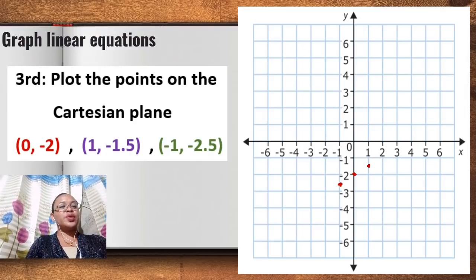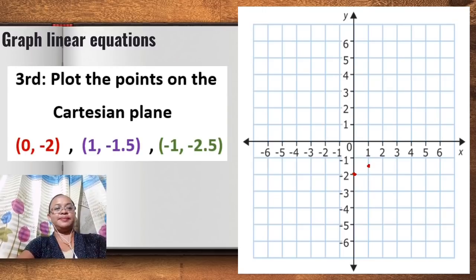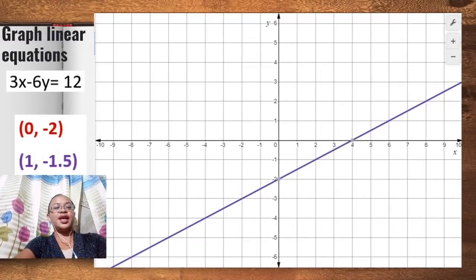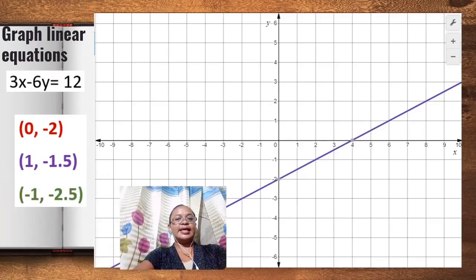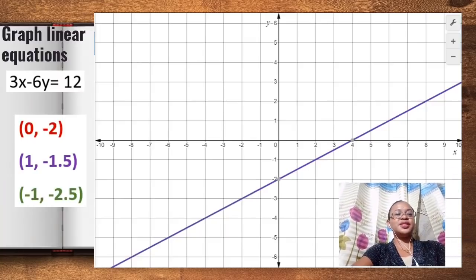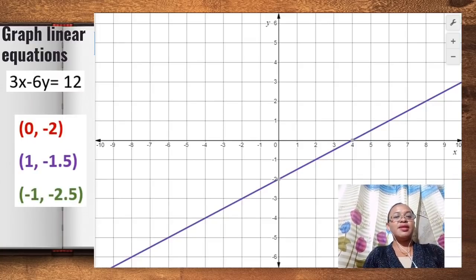And these points will be connected for us to have the graph of the linear equation. Okay, so when we connect the 3 points, we now have this line. These 3 points here, we connected them: 0, negative 2, and then 1, negative 1.5, and then negative 1, negative 2.5.